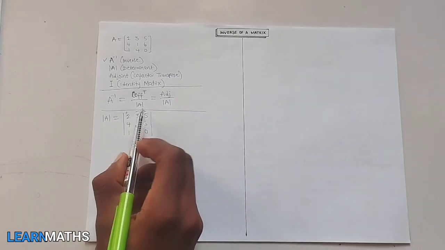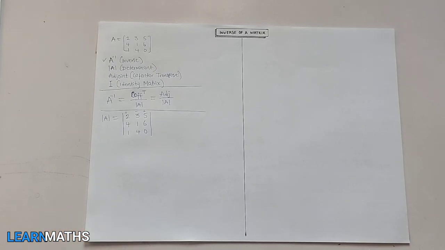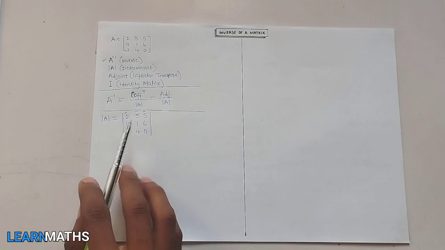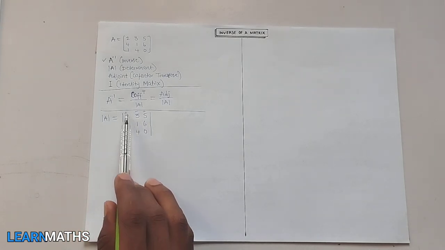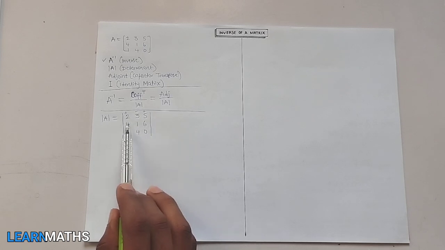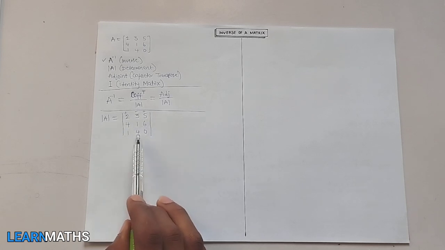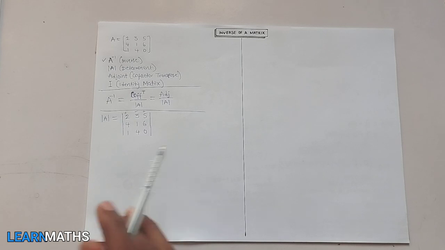Notice how the signs are alternating, because we're going to need this when finding the adjoint. When finding the adjoint, I'm going to assign signs in this manner: positive, negative, positive, negative, positive, negative, positive, negative, positive. Just keep that in mind when we get to the adjoint part.